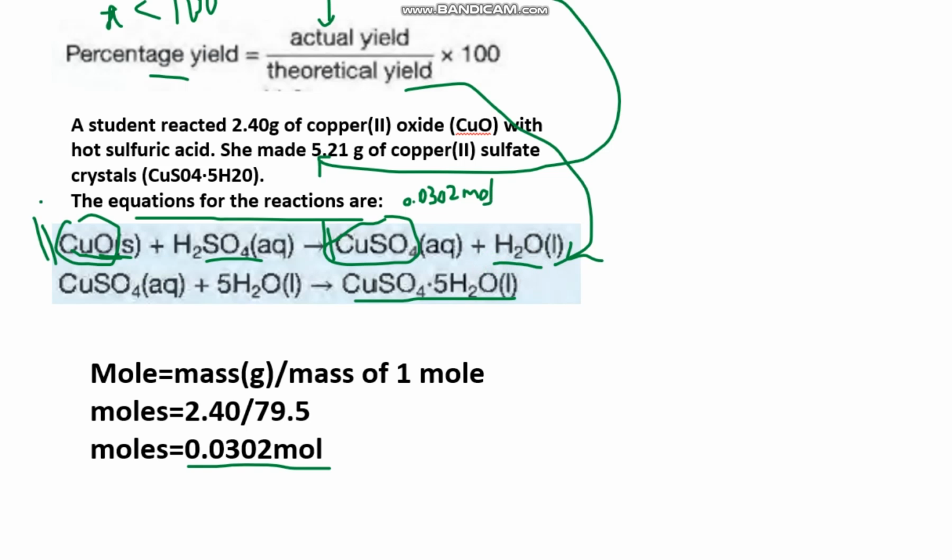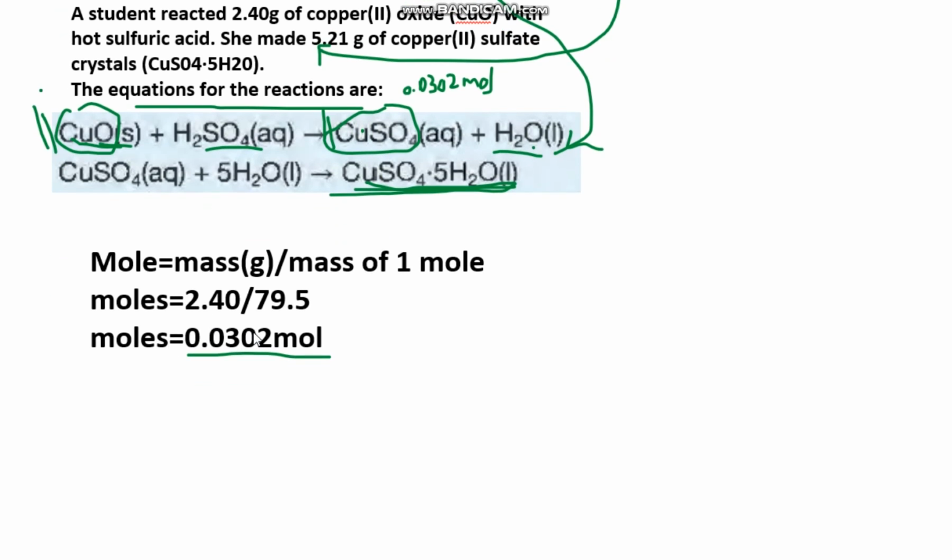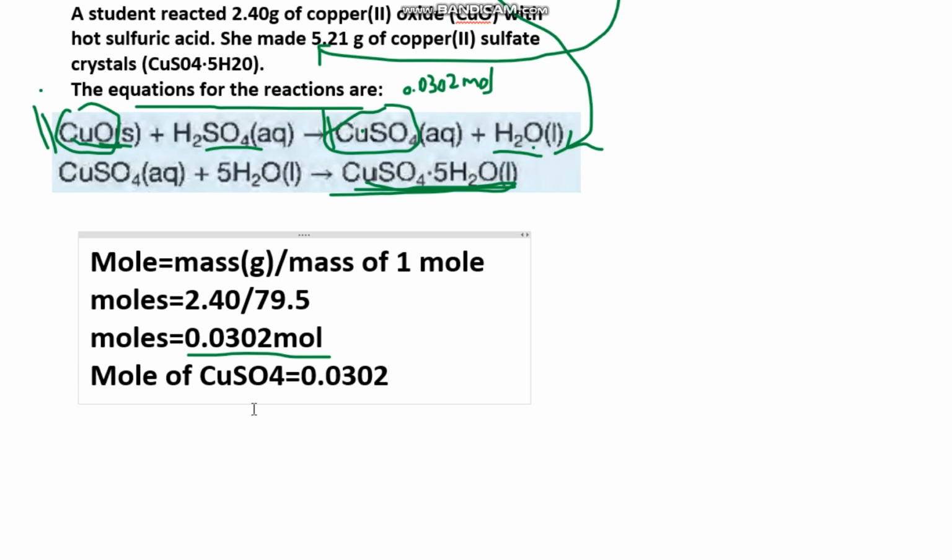But we don't need this compound to find the mole number, so we use this one. So moles of CuSO4 equals 0.0302.